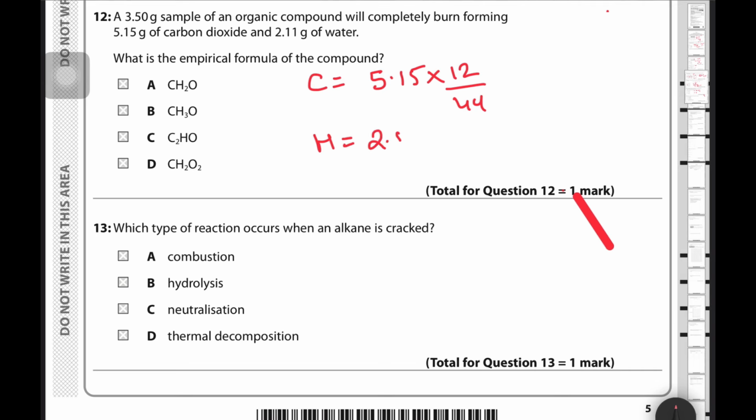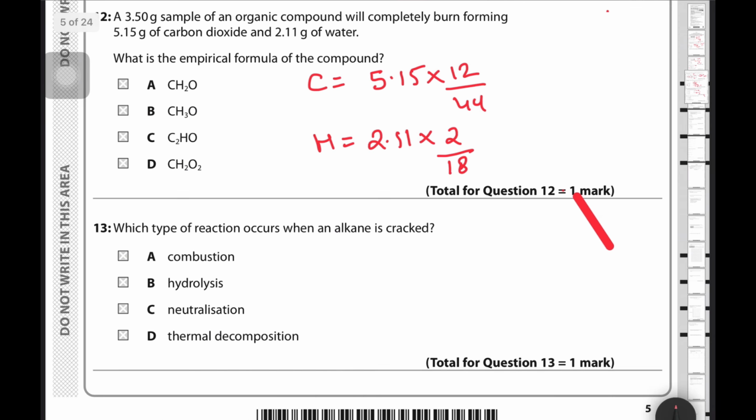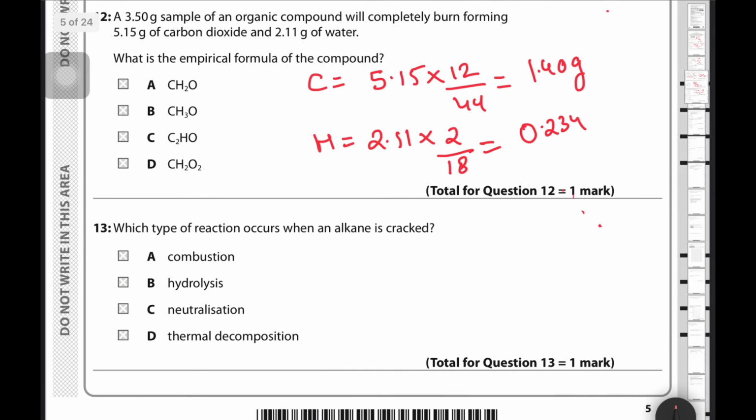Hydrogen is 2.1 times 2 upon 18. Let's solve this. This comes around 1.40 grams. This will be 0.234. Yeah. So you got it for carbon and hydrogen.